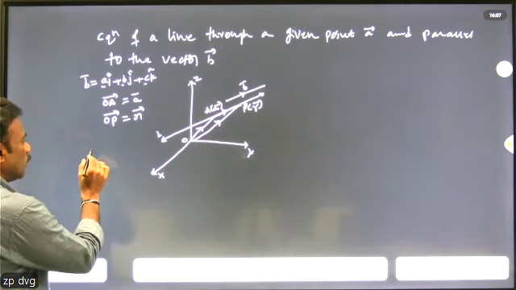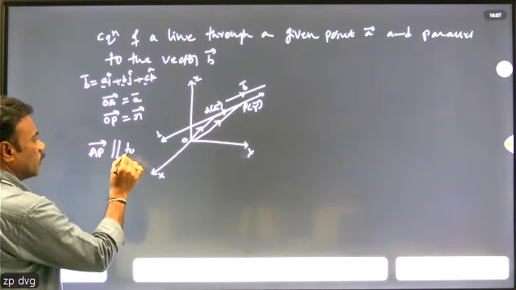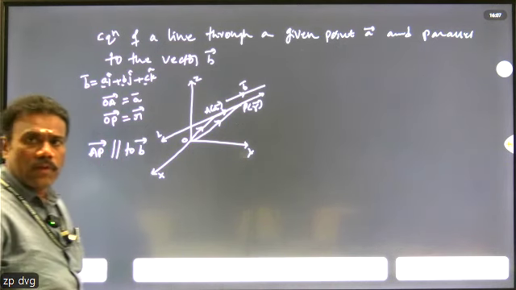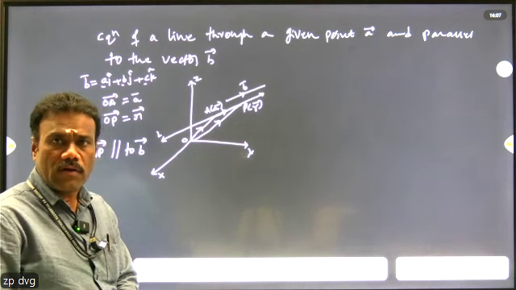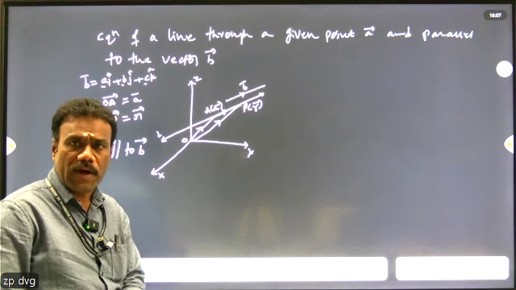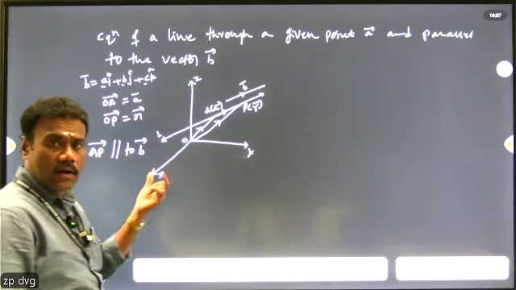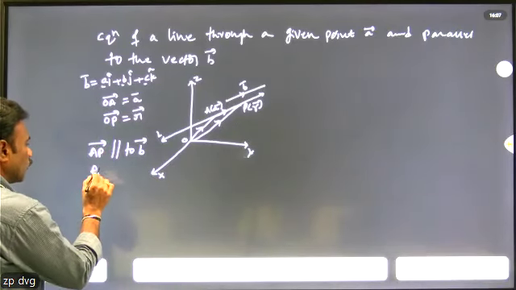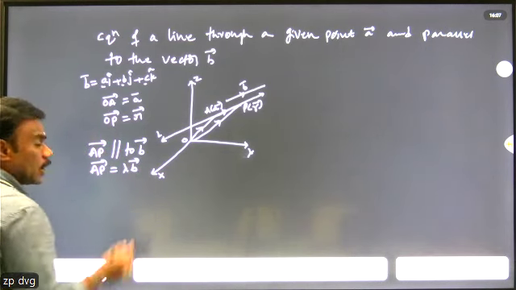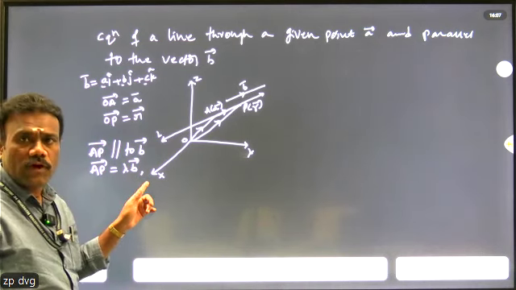If AP bar is parallel to B bar, then from vector algebra we have learned that if A bar and B bar are two parallel vectors, then A bar is equal to lambda B bar. So here we can write AP bar is equal to lambda into B bar, where lambda is a scalar.